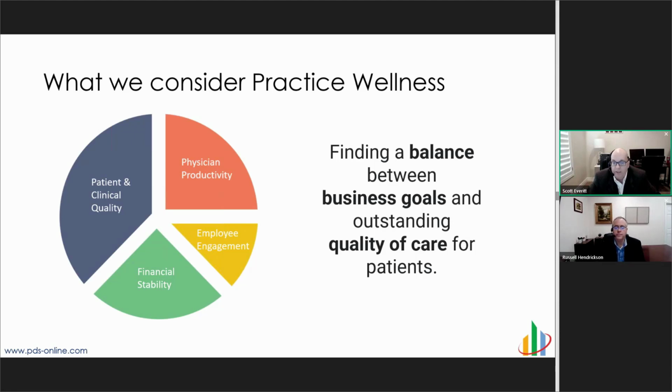But it's really difficult to do that without being a financially stable institution as well. Your physicians have to be productive, your employees have to be engaged. All of that helps bring about that clinical quality. So you have to find that balance and look at how you can incorporate all of these things in order to provide the best possible care for our patients and make us the best and most stable organization that we can be.